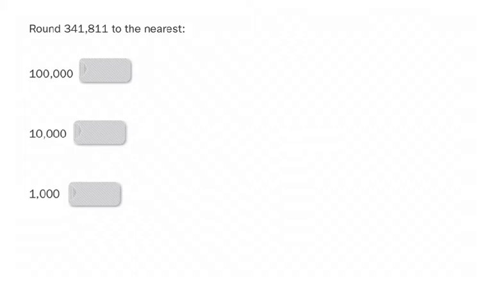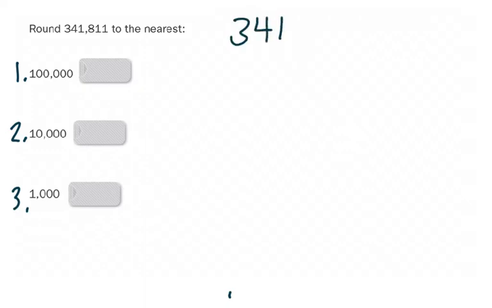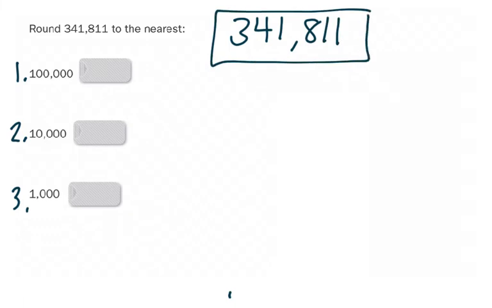On your whiteboard, you're going to number 1, number 2, and number 3. If at the top you would like to just write our number 341,811 and just put a box around it, that will help you with rounding.